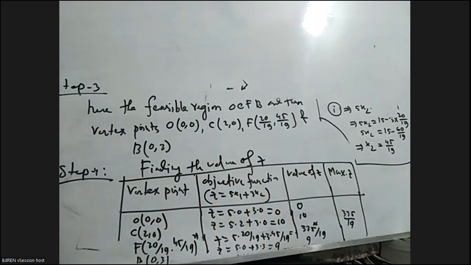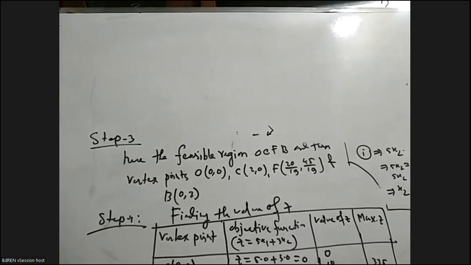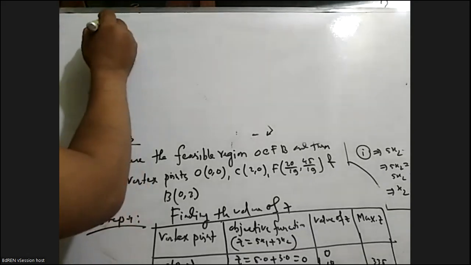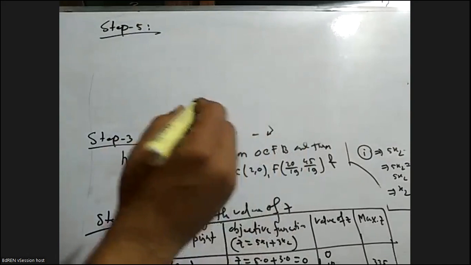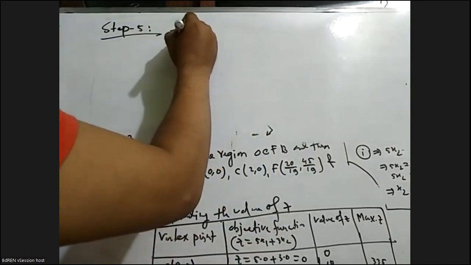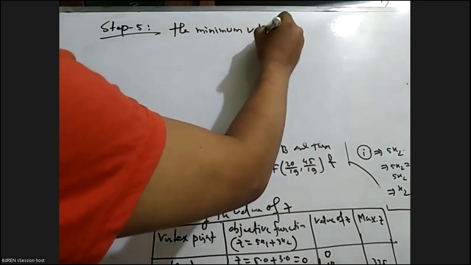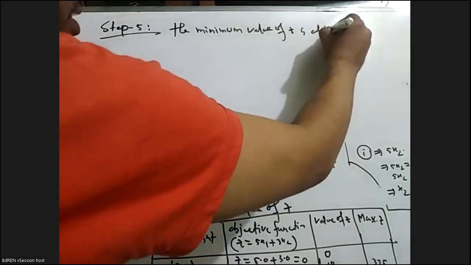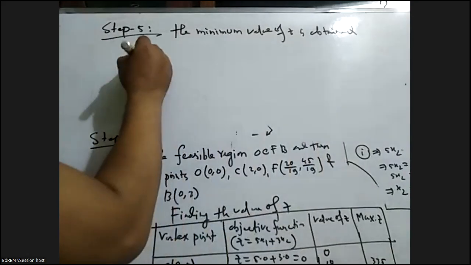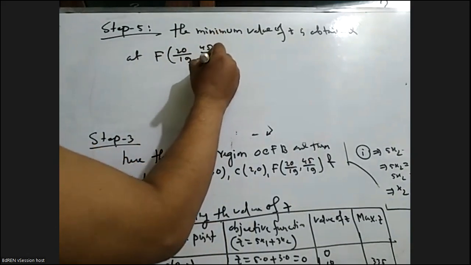Now step 5. Step 5: the maximum value of z is obtained at F point, 20 by 19 for x1 and 45 by 19 for x2.